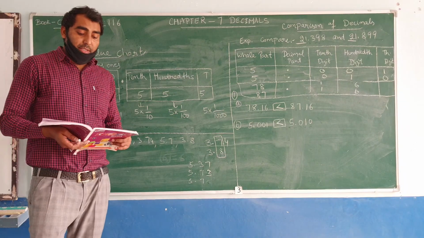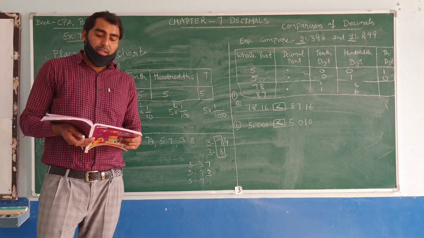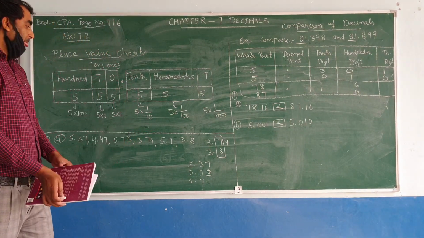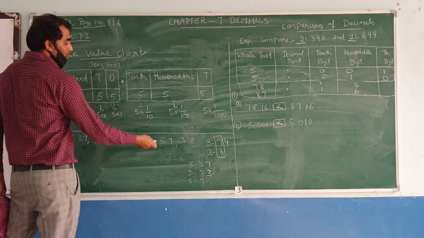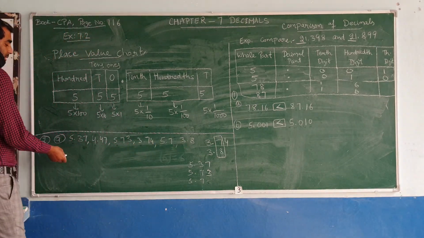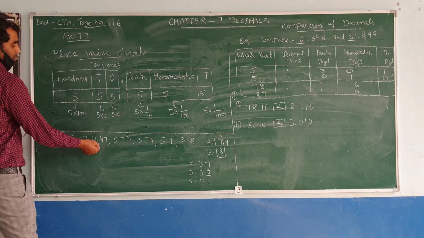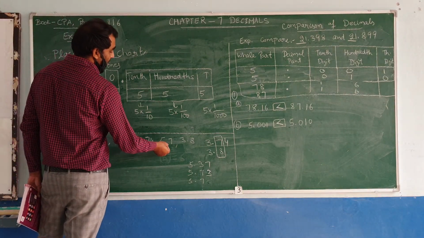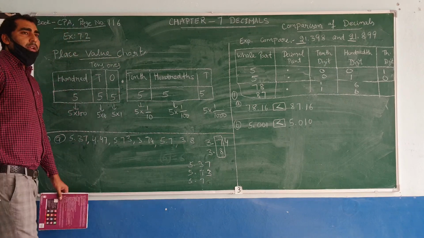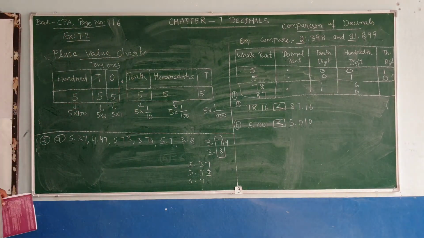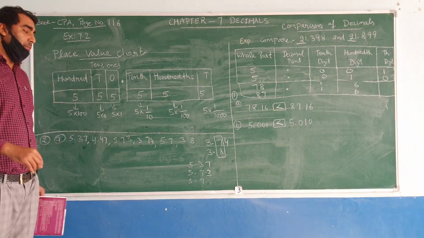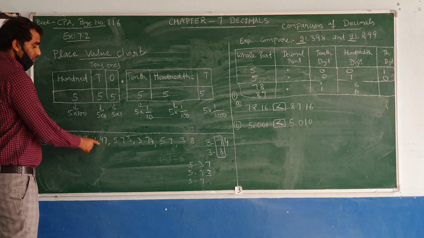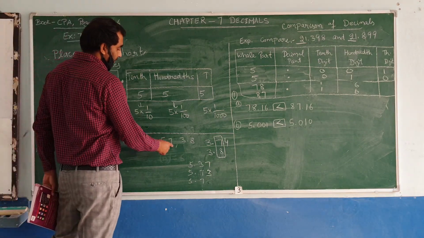Okay, so now come to question number 2. Identify the greatest and the smallest decimal number in each of the following groups. These are the groups of decimals: 5.37, 4.47, 5.73, 3.74, 5.7, 3.8. First of all, we will check the whole part. Here is 5, 4, 5, 3, 5, 3.